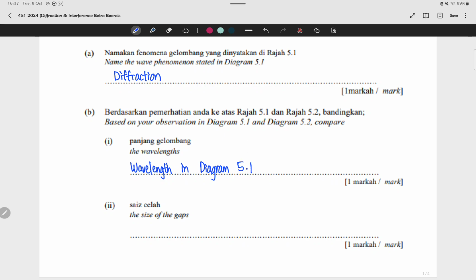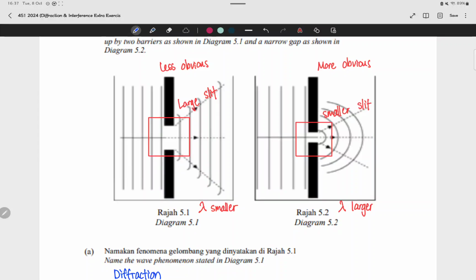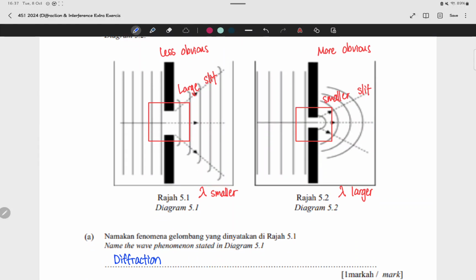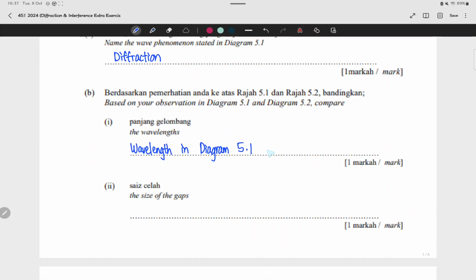Is it larger, smaller or equal? In diagram 5.1, your wavelength is smaller, so you write smaller than wavelength in diagram 5.2. So here's your answer, less than.